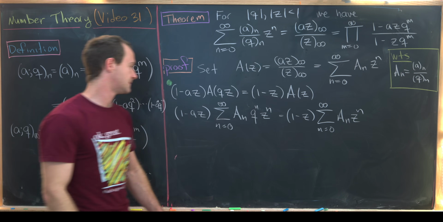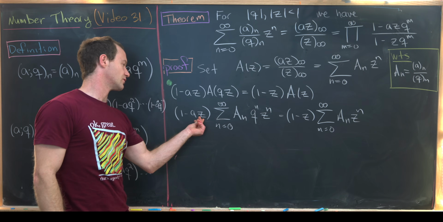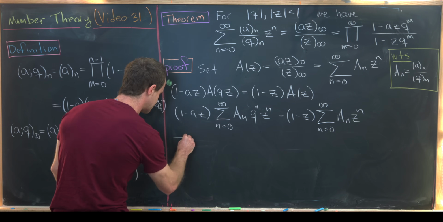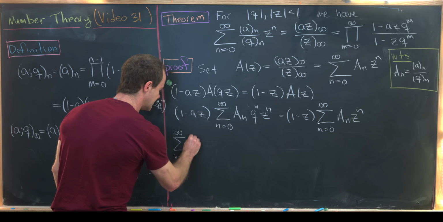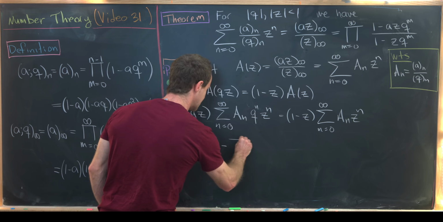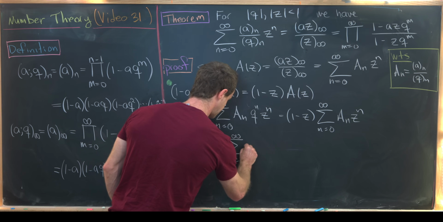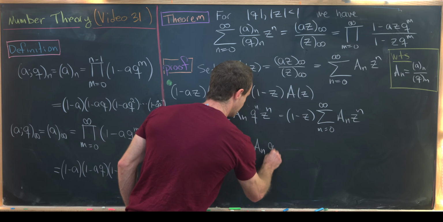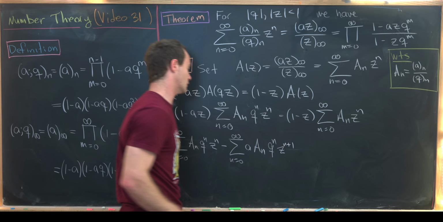a_n z to the n. Now we're going to distribute this sum through both of these parts on both sides of the equation. So that's going to give me my sum as n goes from 0 up to infinity of a_n q to the n z to the n minus my sum as n goes from 0 to infinity of little a times a_n of q times q to the n z to the n plus 1.